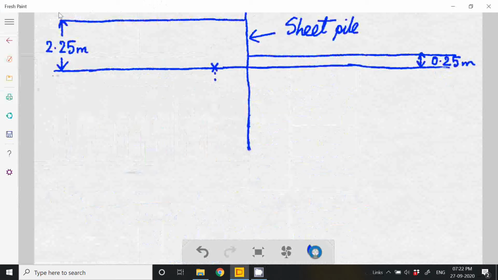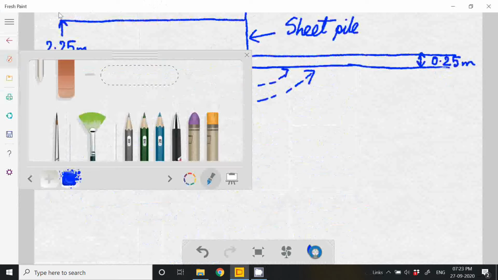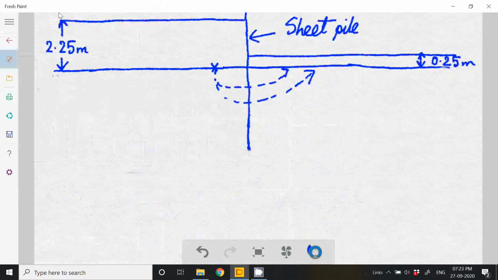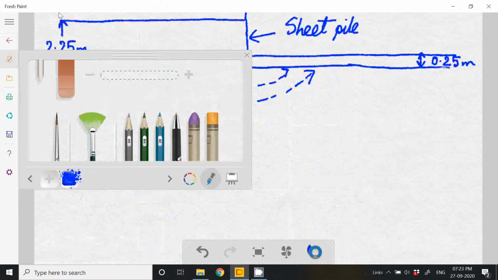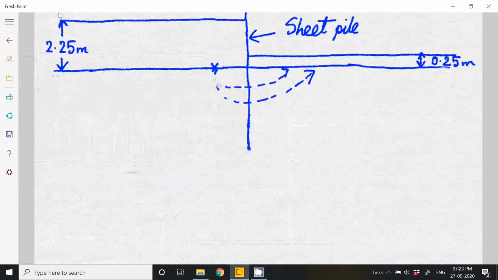Water cannot directly flow from here to here, because there is a boundary which is the sheet pile. Because of this boundary, water cannot flow directly, so water will have to take a longer route. Let me show you how the water will be flowing.